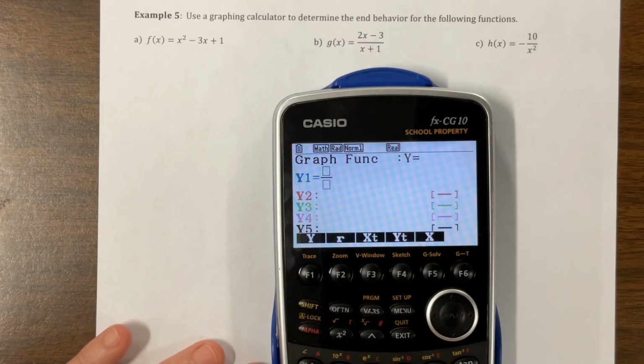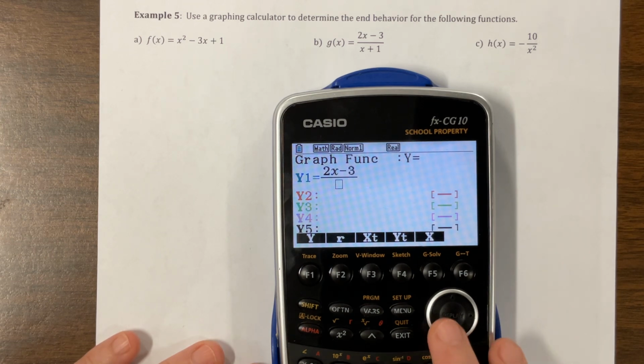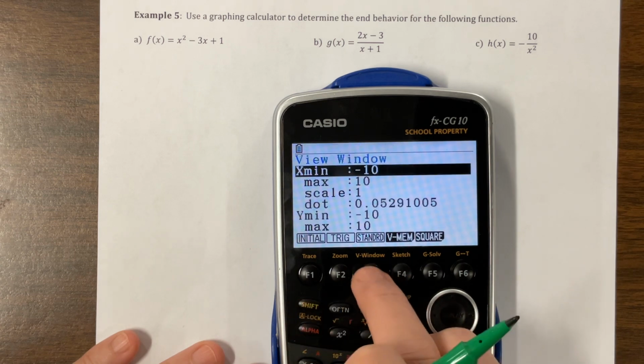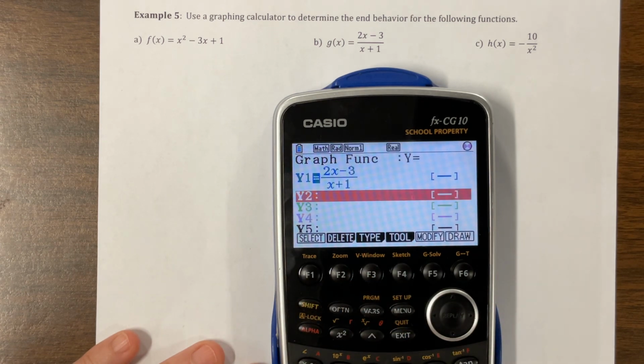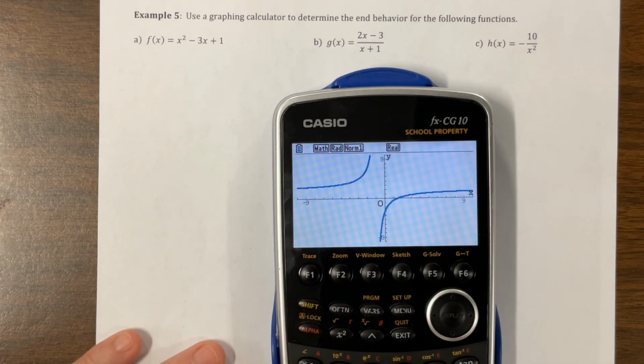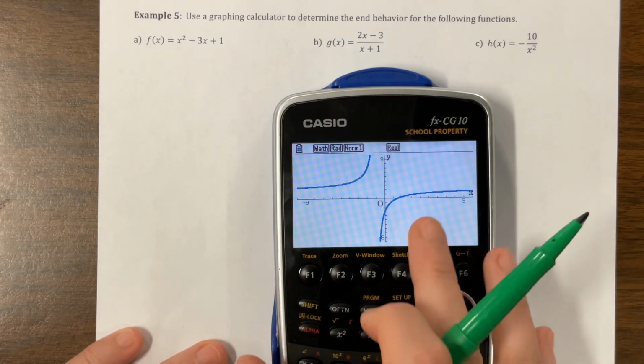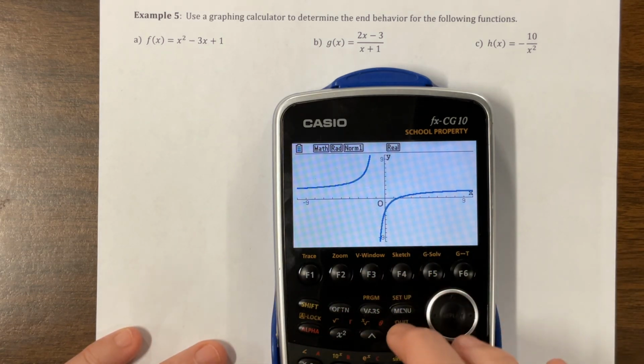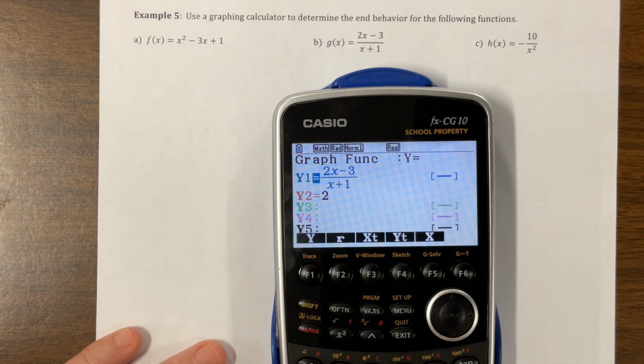We have a fraction. This was 2x minus 3 over x plus 1. Sometimes I like to change my window to be standard. This one is now approaching an asymptote, and you may notice that my asymptote is y equals 2.